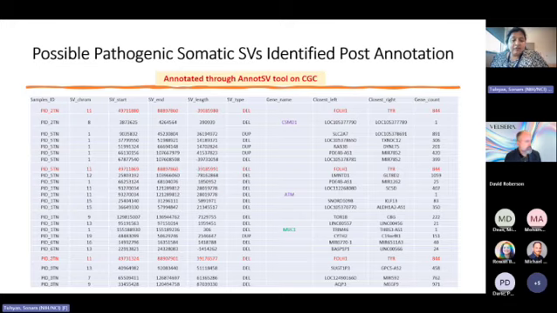MUC1 also plays a significant role in cancer development and progression. However, for the rows highlighted in red font, I found they have the same structural variant, but I haven't validated them through screenshots. So this is still undergoing.